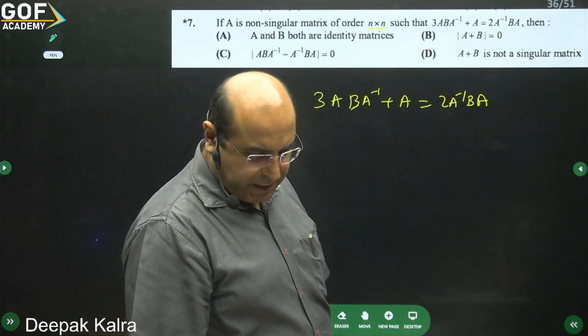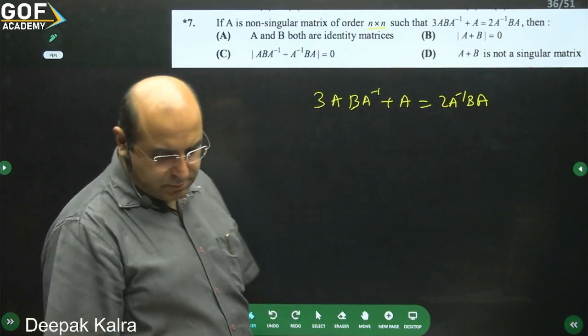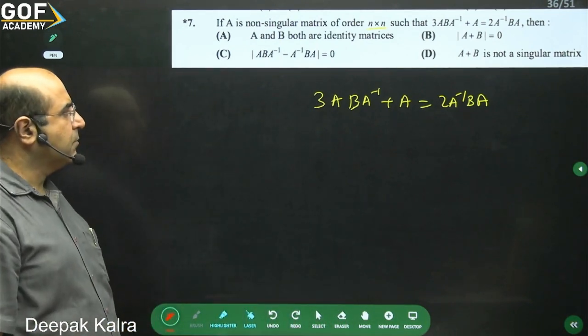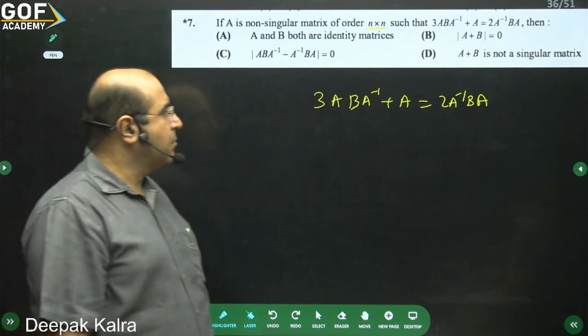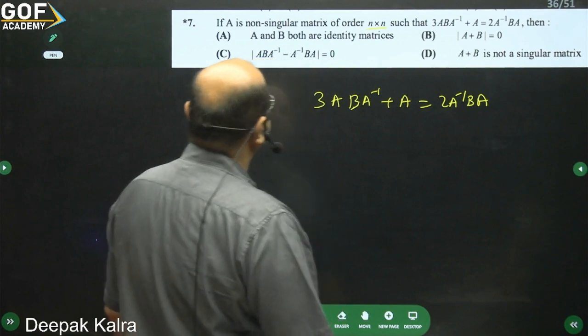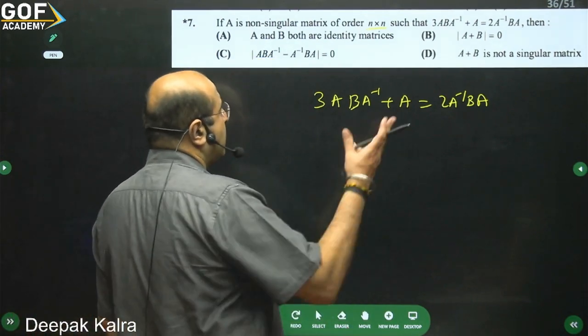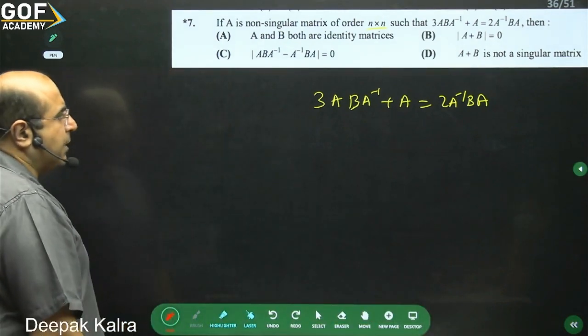B and C are the options given. How to do this? In this procedure, pre-multiplying, post-multiplying, everything will be done.